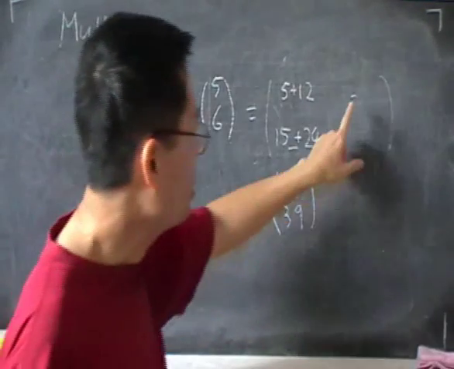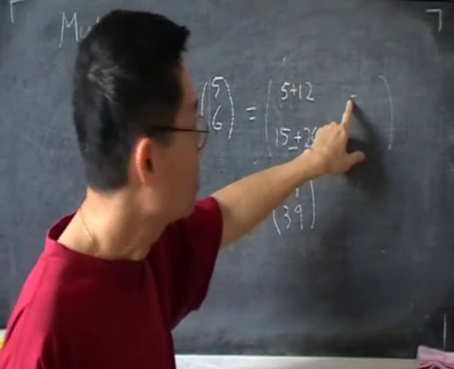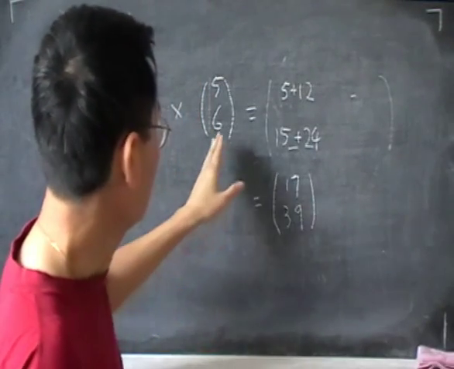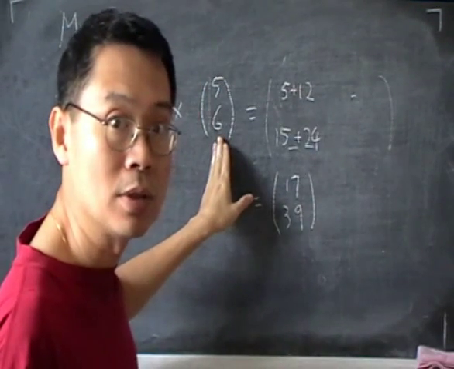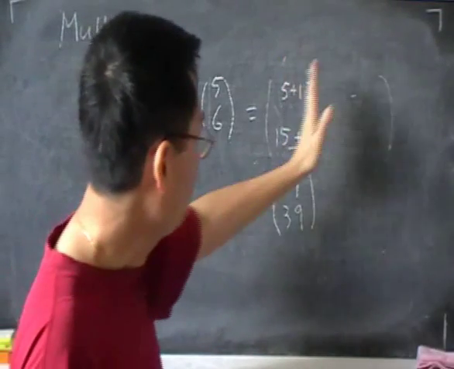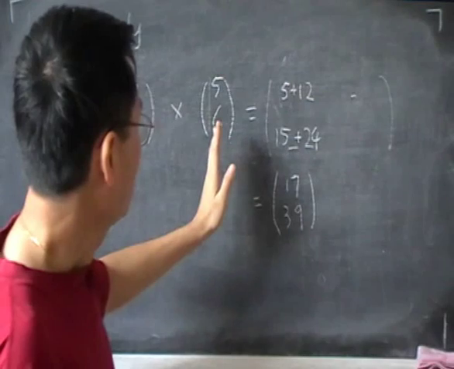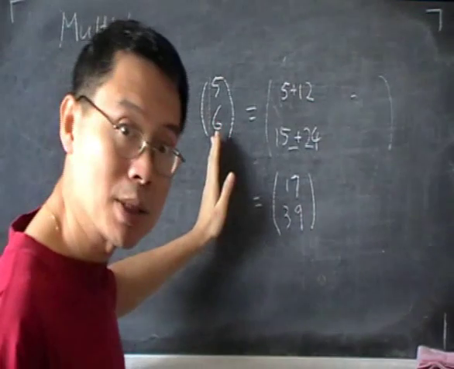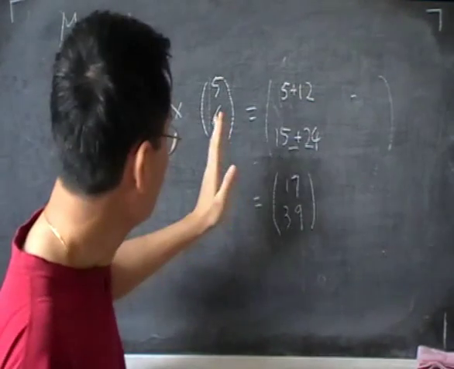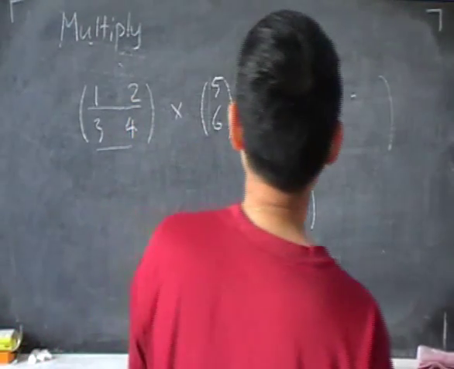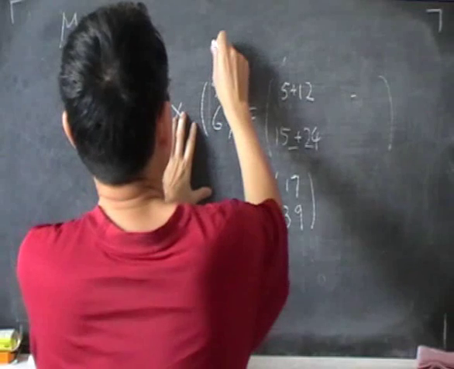Now if you remember, when I tried to find that answer in the second column, I found that I can't because there isn't a second column there. So what this means is that the number of columns in the answer must be the same as the number of columns in the second matrix. That's a very important point.